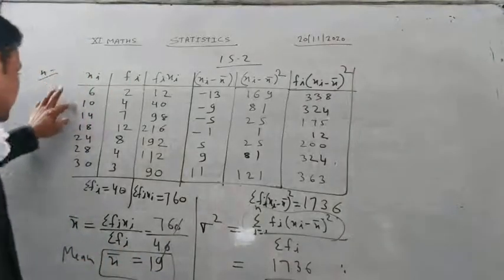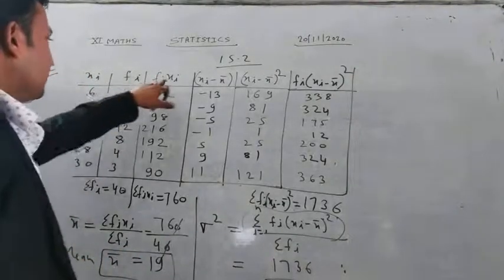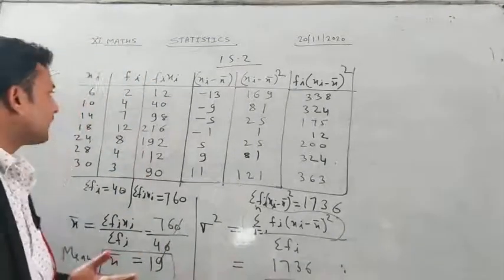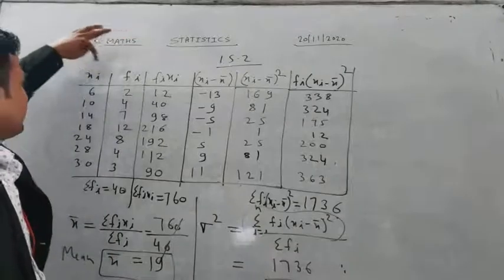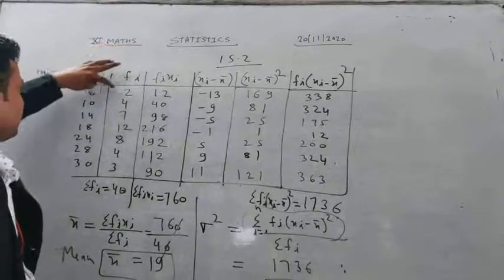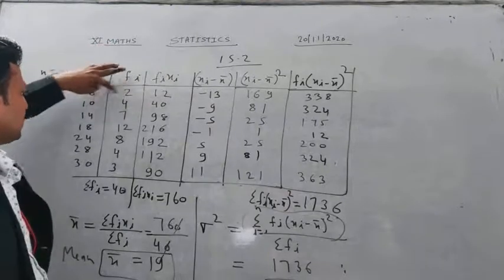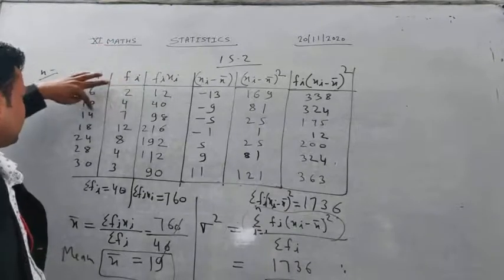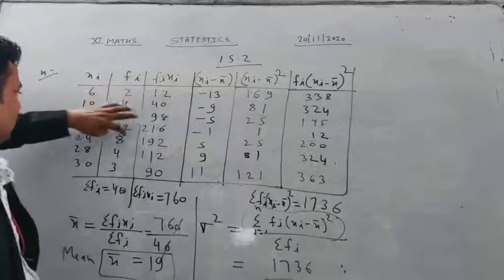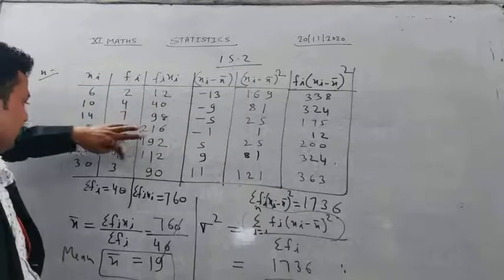Okay, so our xi is this, fi is this. First we have to find the mean. To find the mean we take the multiplication of xi and fi, giving fi xi. This is 12, this is 14, this is 14 into 7, again multiplied by this, and we get this.